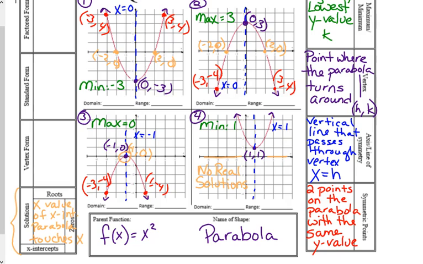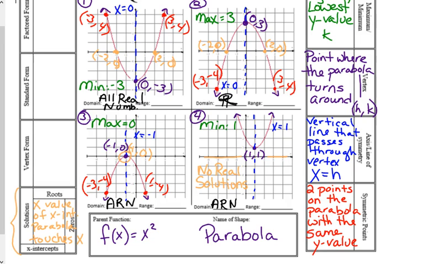So for non-real world situations and graphs without defined endpoints, your domain will always be all real numbers. All real numbers. I'm going to abbreviate it ARN since it is hard to fit that.